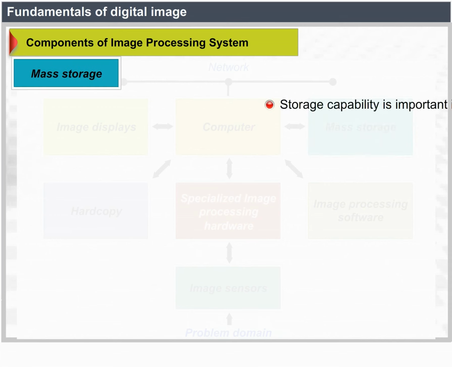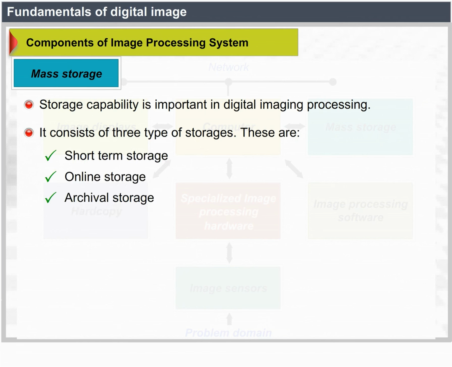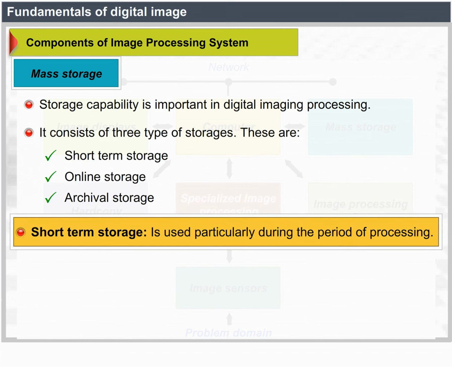Mass storage. Storage capability is important in digital image processing. It consists of three types of storages. These are short-term storage, online storage, archival storage. Short-term storage is used during processing.